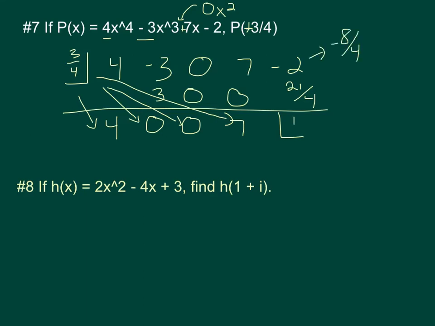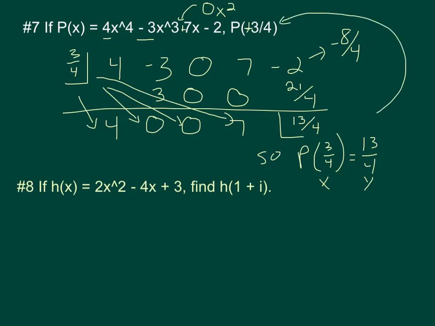Add those, you get 13/4. So, we can say that P of 3/4 is 13/4. That means the point 3/4, 13/4 would be on this graph if you put it into your calculator.